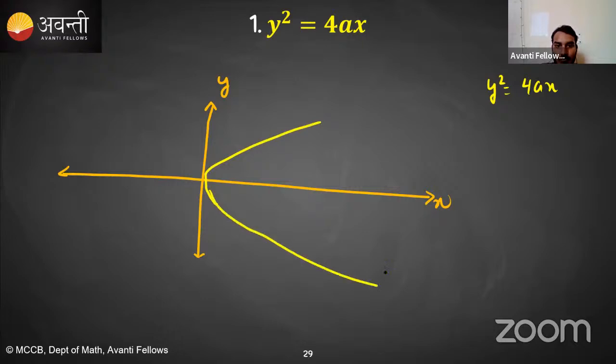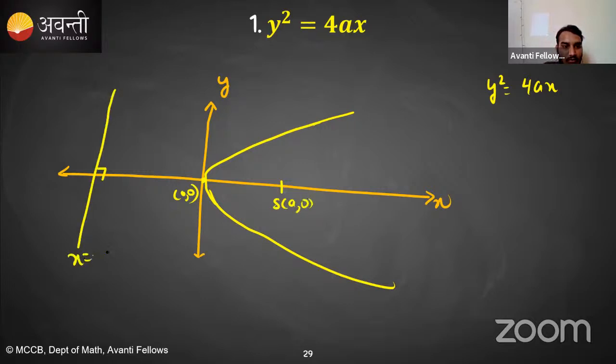Clear? This is (0, 0), this is the vertex. This is the focus (a, 0). This is the directrix, x is equal to minus a. Is this clear? Okay. And this is the latus rectum.